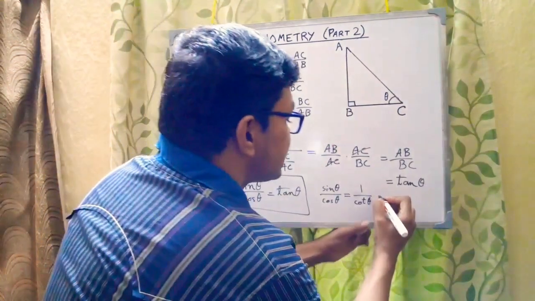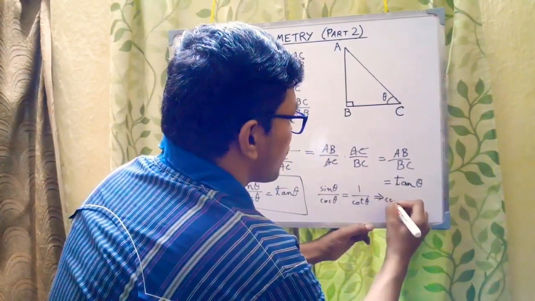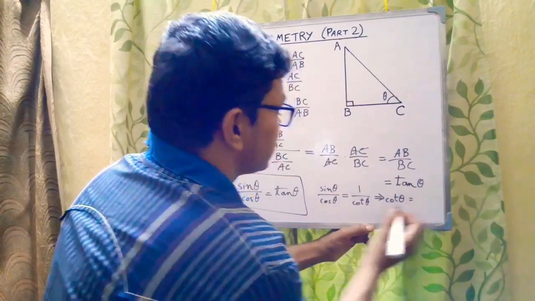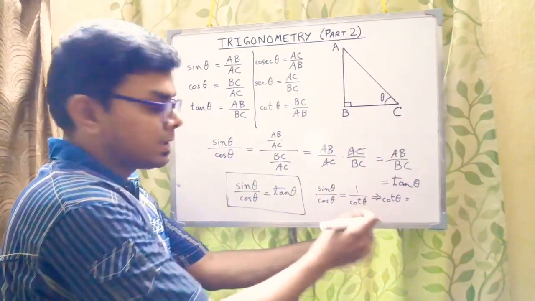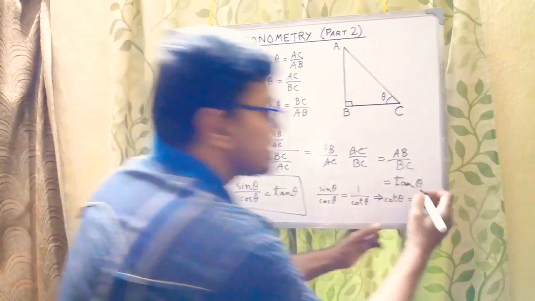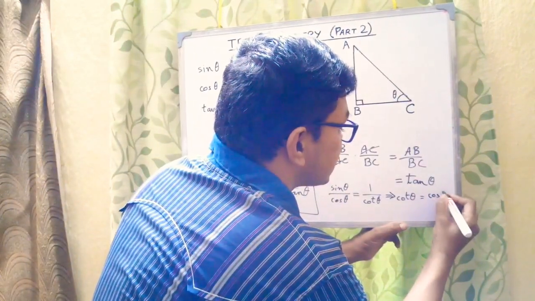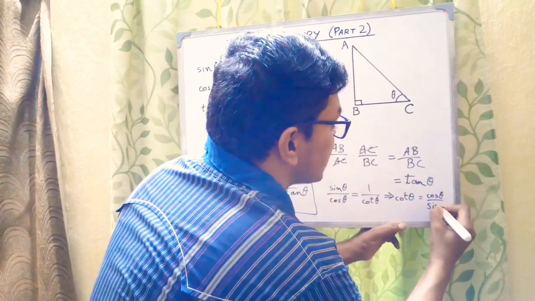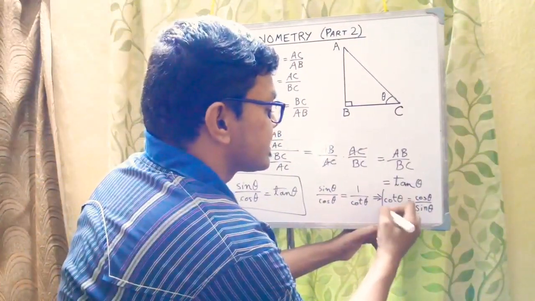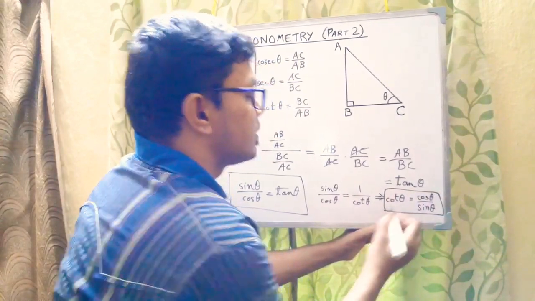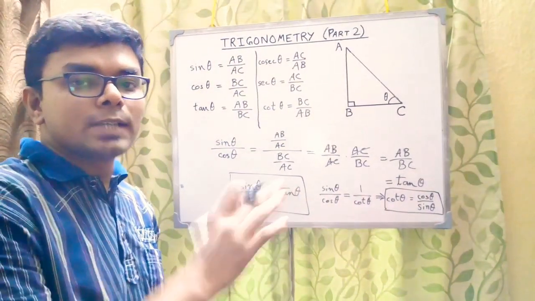So this implies that if 1 by cot theta is sin theta by cos theta, then cot theta will be equal to the reciprocal of this, that is cos theta by sin theta. So all of us must remember this identity as well. Cot theta equals cos theta by sin theta.